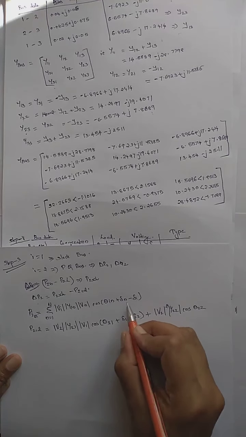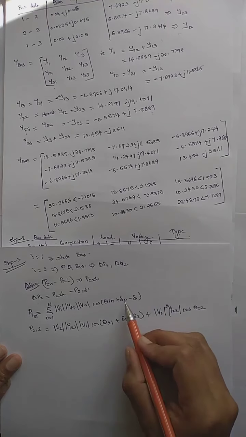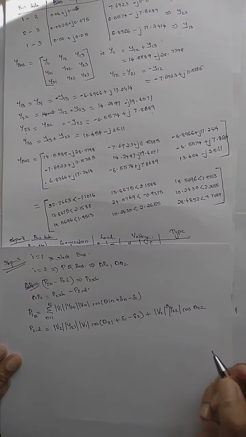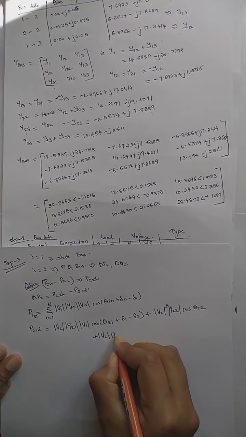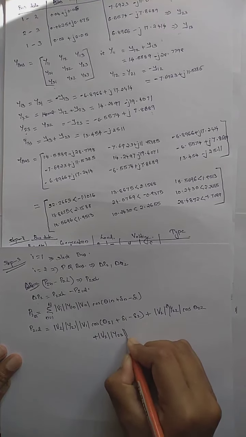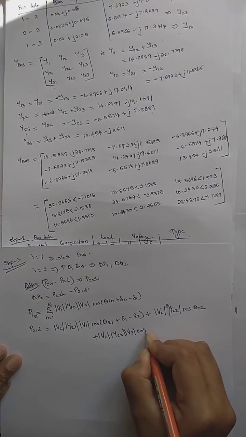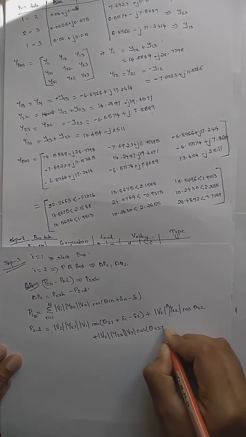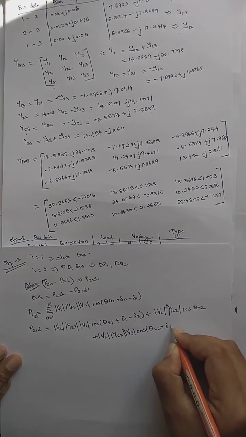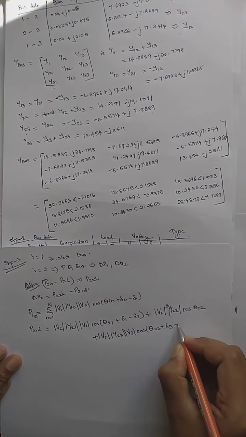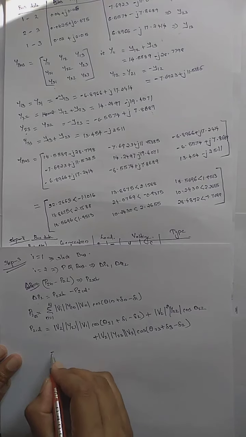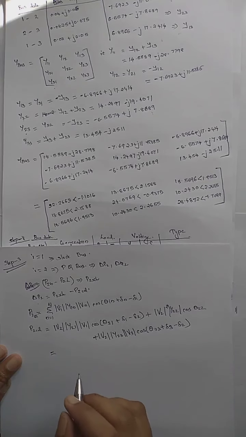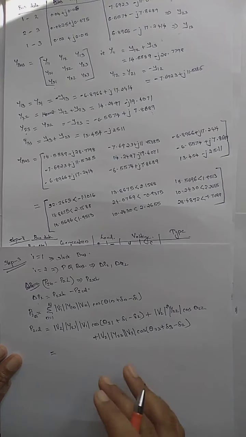This will cancel when n is equal to i, or delta 2 minus delta 2 is 0. Plus V2 into Y23 V3 into cos(theta 23 plus delta 3 minus delta 2). This is the equation for P2 calculated.